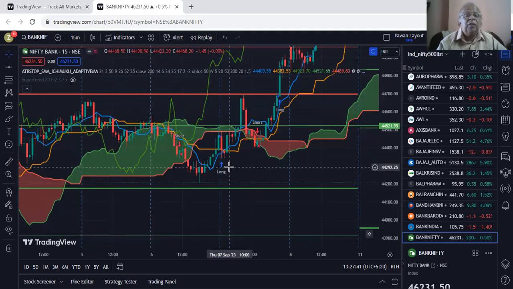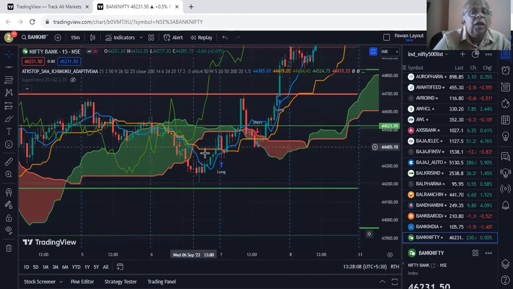The second thing one should consider, which I am just explaining here for your knowledge, is the position of Chikou span, which should be above price.